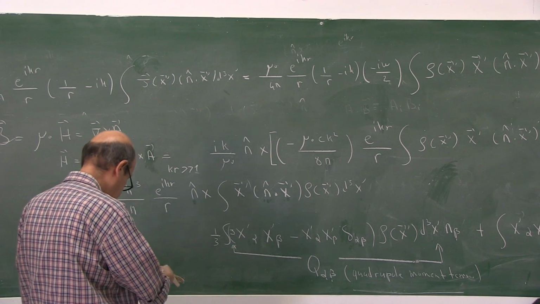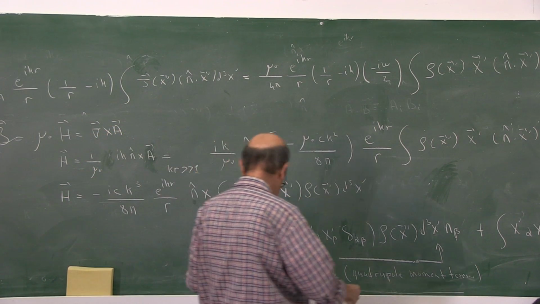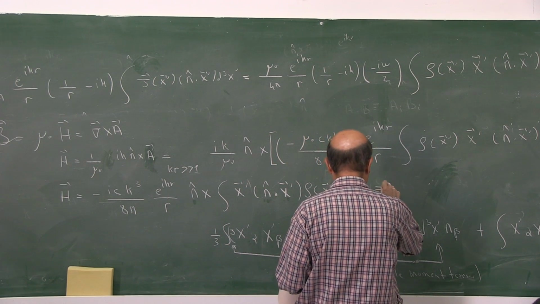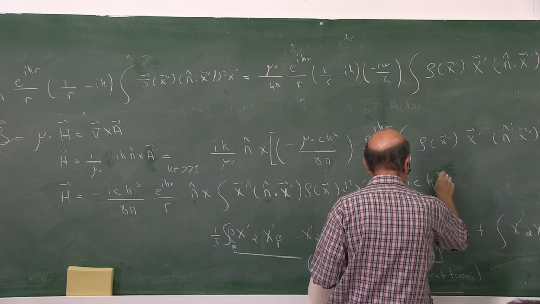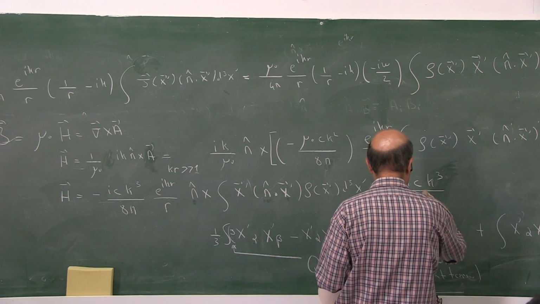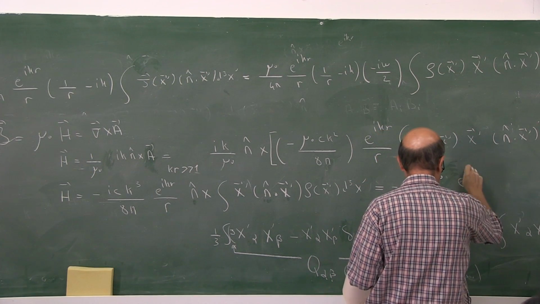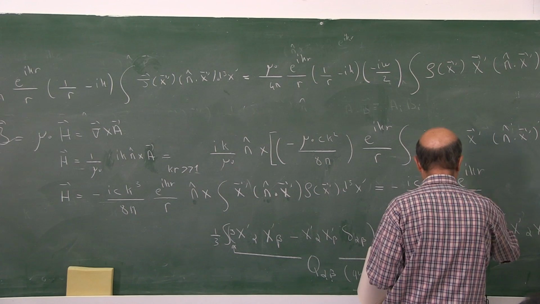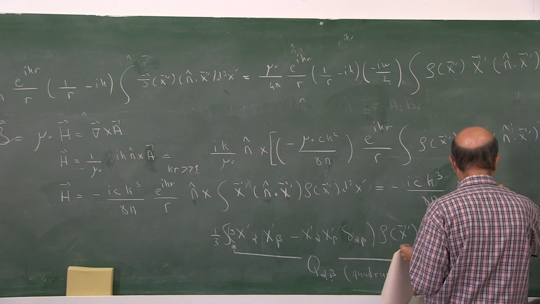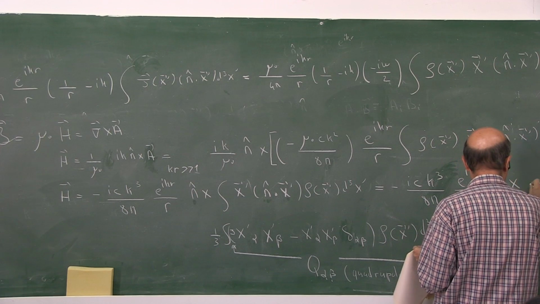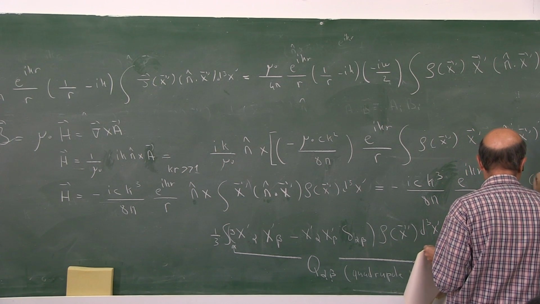So H is equal to, the H field is equal to minus i c k cubed over 8 pi, e to the ikr over r, n cross Q over 3.